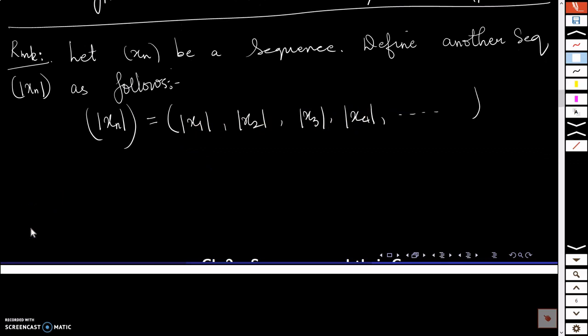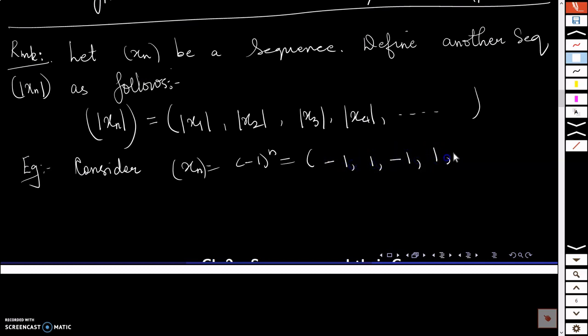For example, if you consider xn equal to minus 1 raised to n, how do the terms of this sequence look? Minus 1, 1, minus 1, 1, minus 1, 1, and so on. Then mod xn will be the sequence modulus of minus 1 raised to n.